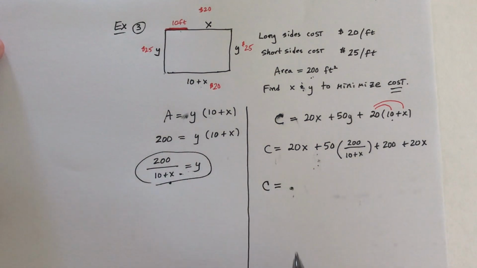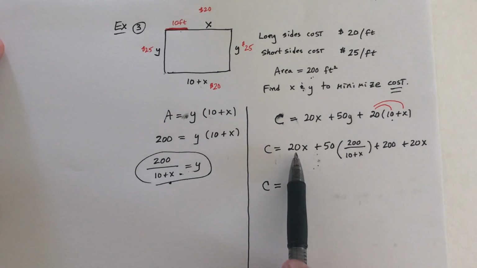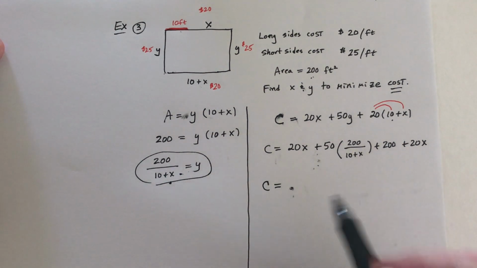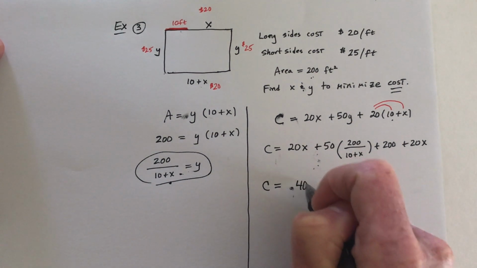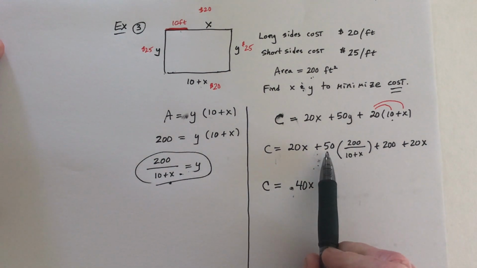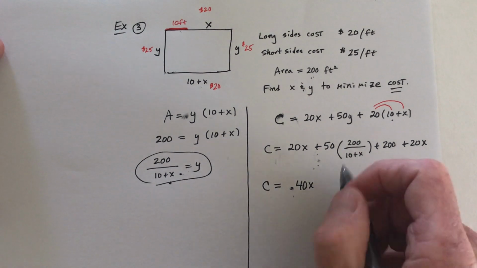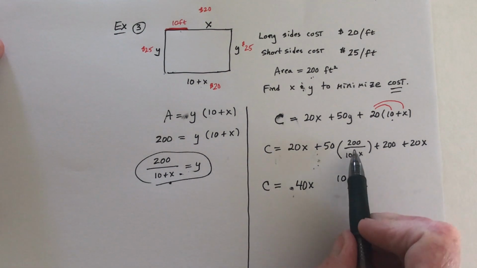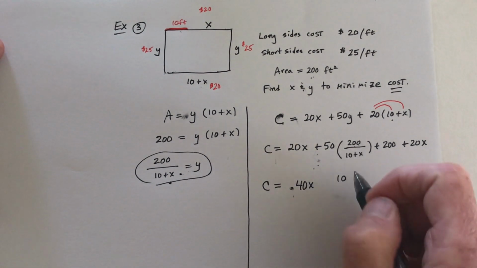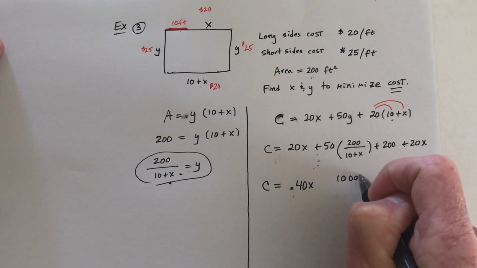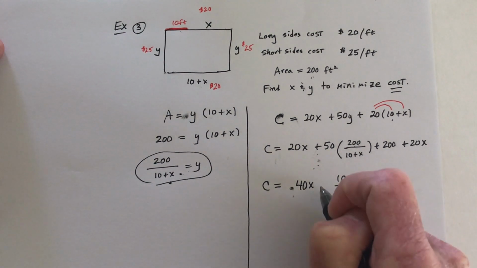And before I take the derivative, I'm just going to clean it up a little bit. 20x plus 20x will be 40x. And when you multiply a 5 times a 2, that's a 10. And then it would have 1, 2, 3 extra zeros.